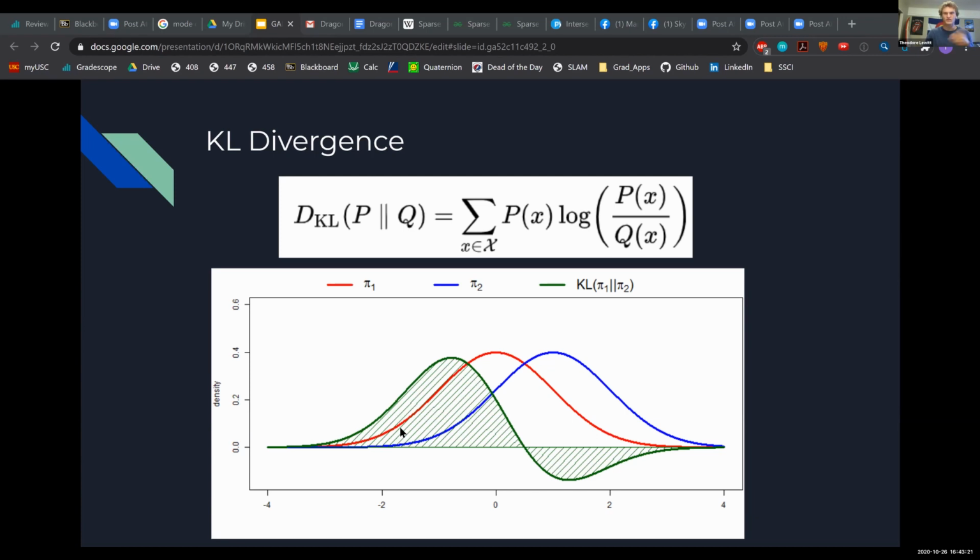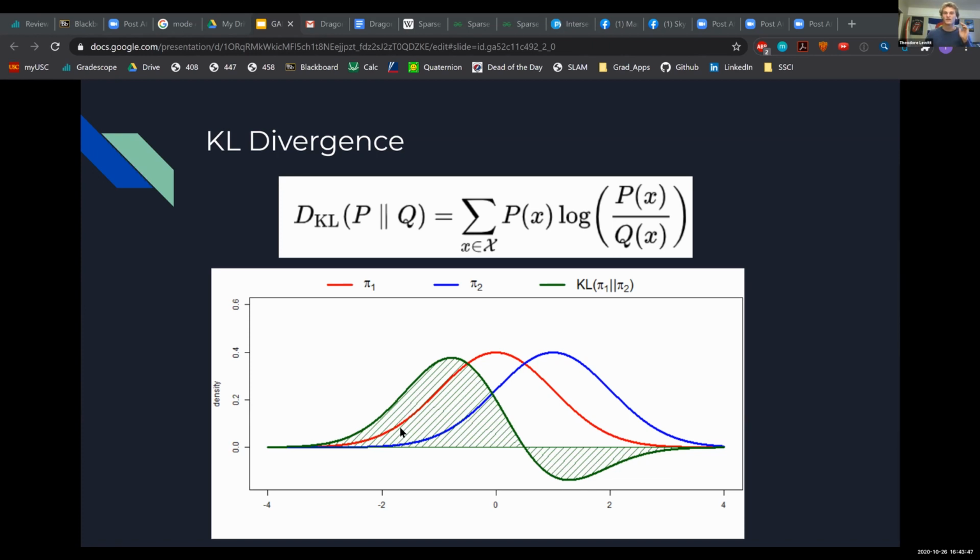Or if Q is 2 times bigger than P, you're going to get log of 1/2, which is a negative number. And so that's shown in the graph by any of the numbers between like 1 and 2 on this little plot. That's saying there's going to be some negative divergence. There's some difference, and it's the same as the positive difference, but it's going the other way.